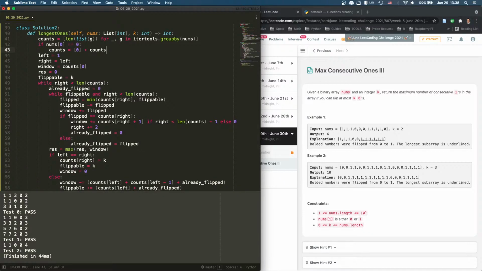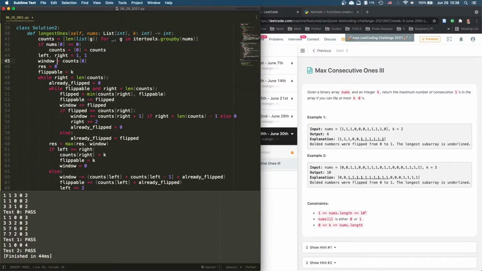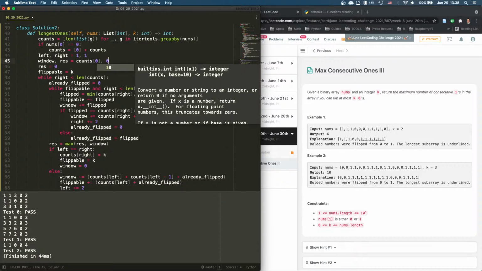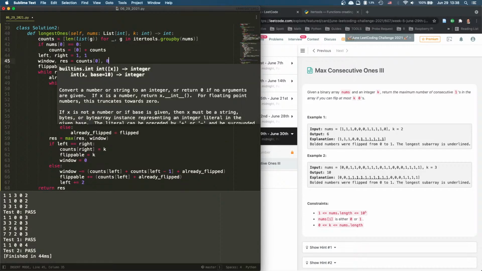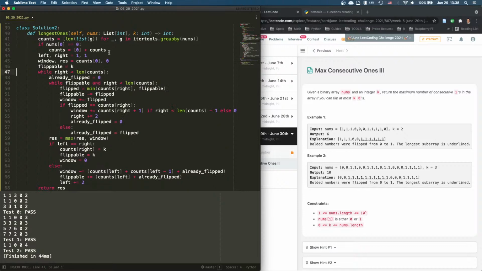Reorganize a little bit. So left, right are 1, 1. Window is this, window rest is going to be this, and then flipped equal to K. Now we start.